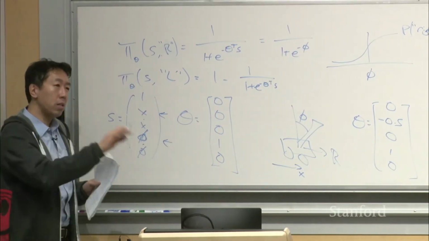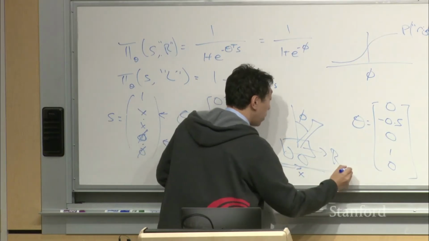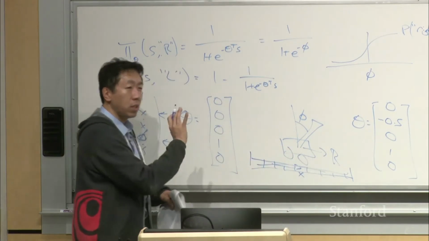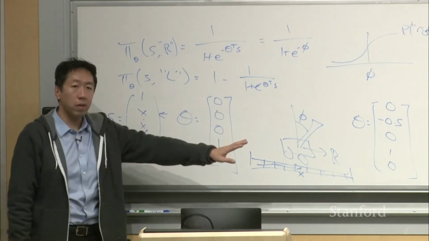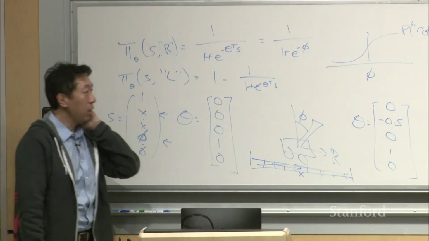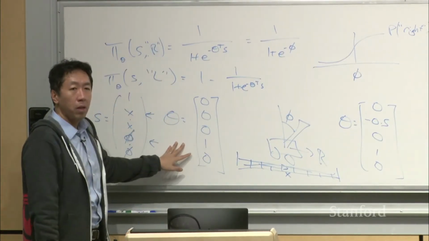And if your cart is on a set of rails, on a railway track, and you don't want to fall off and you want to keep the cart kind of centered, you don't want to fall off the end of your table. But this now says the further this is to the right already, well, the less likely you should be to accelerate to the right. Okay? And so maybe this is a slightly better policy than with the previous setting of parameters.